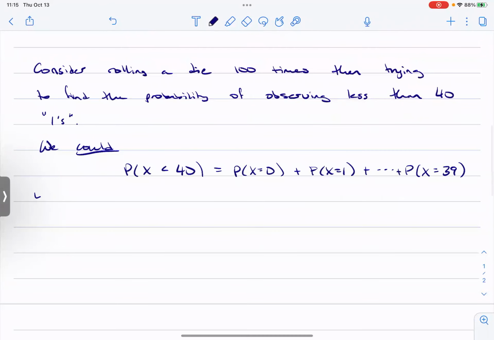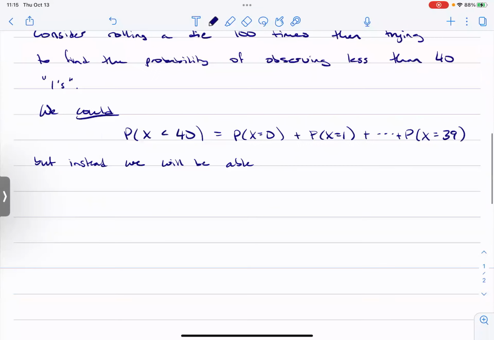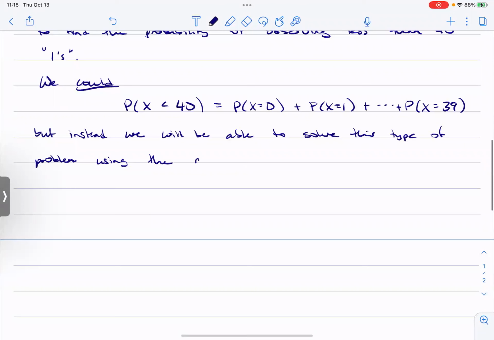But instead, we will be able to solve this type of problem using the normal approximation to the binomial.